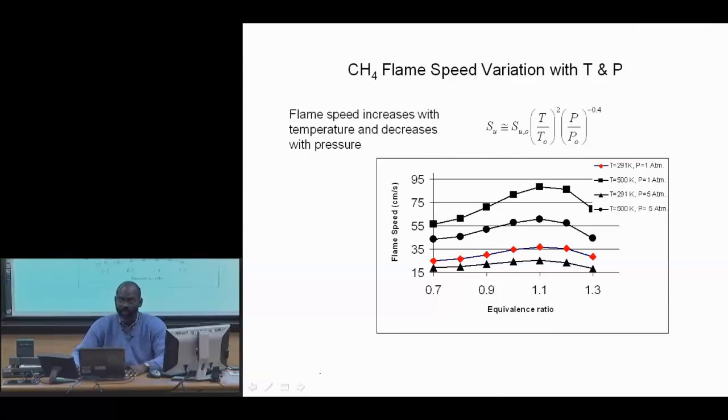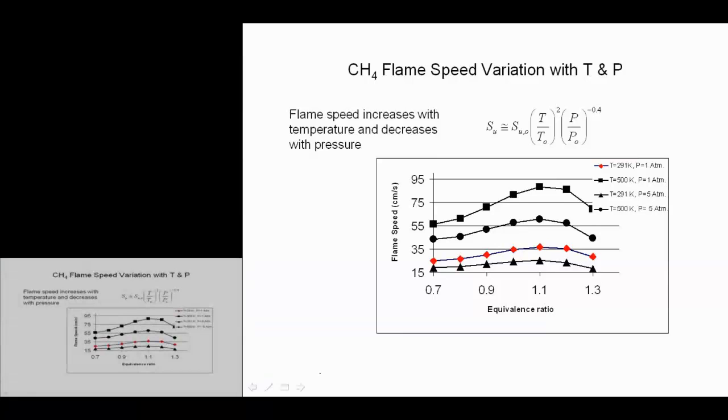Okay, so we already talked about the fact that the flame speed increases with temperature and decreases with pressure. And this is a case for methane. What I'm showing here is the temperature at 291 K, 1 atmosphere.